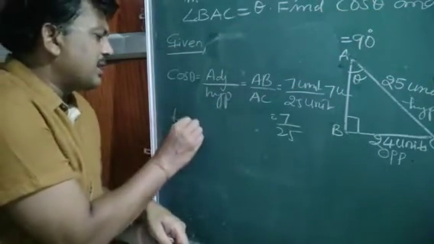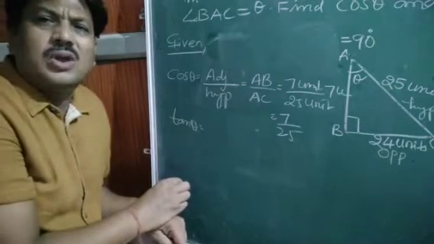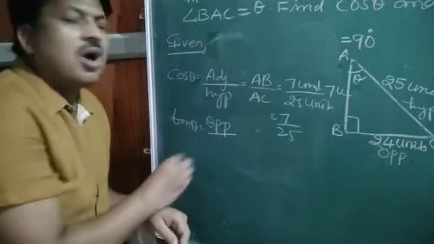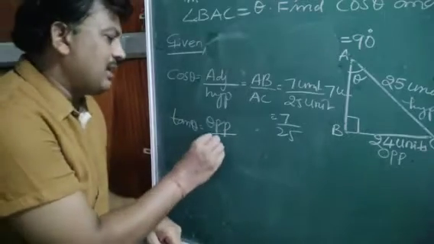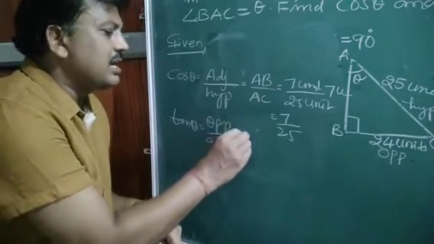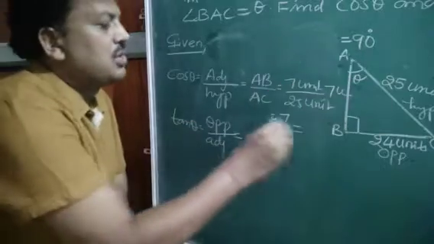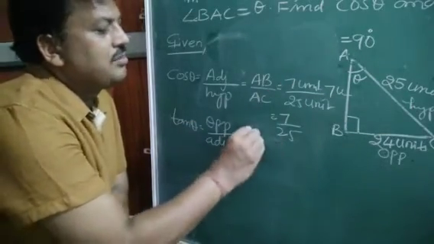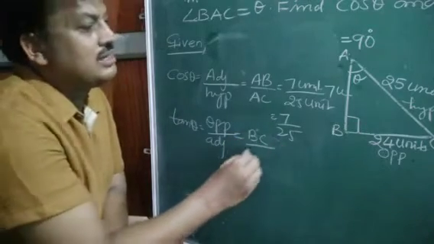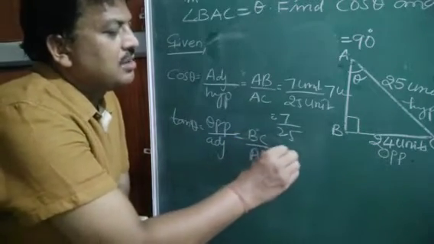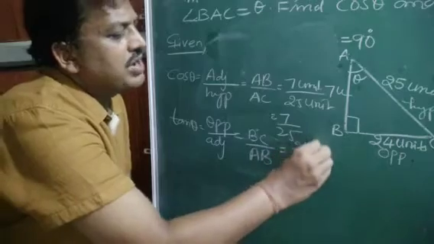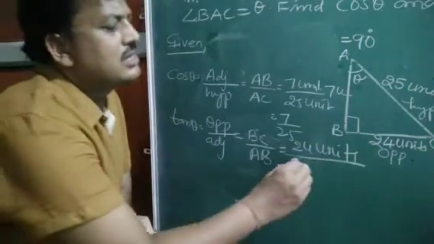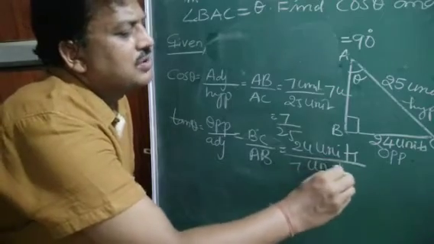Next is tan theta. Tan theta is opposite upon adjacent. First write the side BC upon adjacent AB. BC is how much, children? 24 units, upon adjacent 7 units.